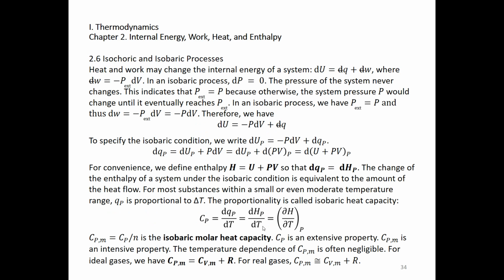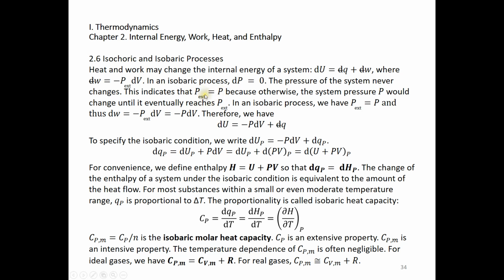Alright, now let's get back to this equation. dU is dq plus dw, and dw is negative P external dV. We're going to use this equation and this equation to analyze an isobaric process. In an isobaric process, dP is 0, there's no change in pressure. It actually indicates P external is equal to P, because if P external is greater than P, the system pressure will change until it increases to P external.